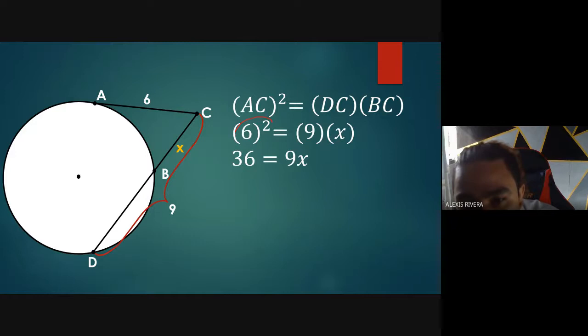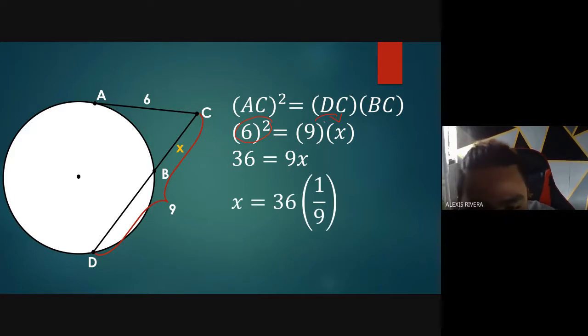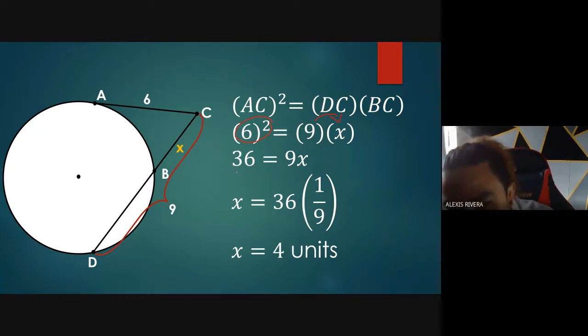So sinimplify lang natin yung 6 squared, naging 36. And 9 times x, we have 9x. And then, x will be equal to 36, dinivide na po sa 9, or times sa 1 over 9. And that is equal to 4 units. Ganun lamang kadali. Oh, your turn.